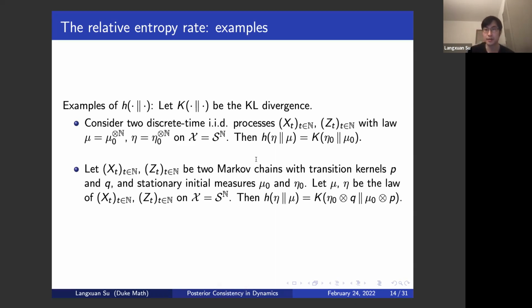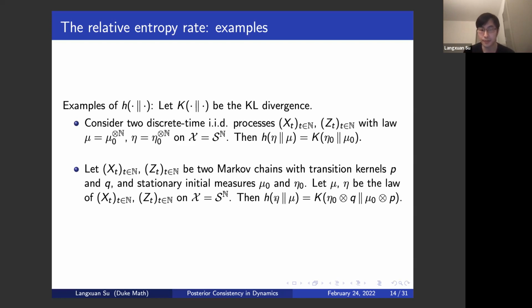Yeah, so this is how this divergence term behaves for IID processes. And if you consider a slightly more complicated example, maybe we consider X_t and Y_t to be Markov chains with transition kernels P and Q, and they are stationary with initial measures mu0 and eta 0. Then one can lift these initial measures and the transition kernels to a distribution on the path space, so that mu and eta are the law of the whole process on path space.